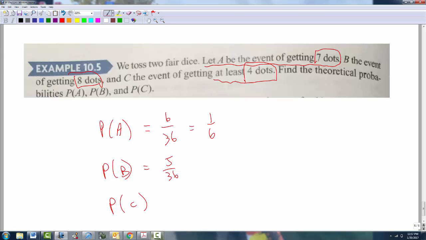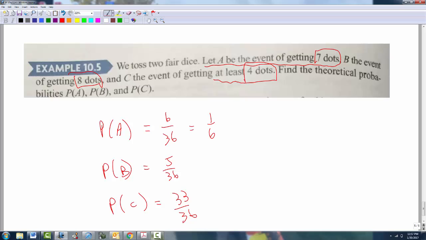What's actually smart to do is how many times do you not get that happen? And then it's the opposite of that. So how many times do you not get a sum of 4? 3. So that leaves how many for a sum of 4 or more? 33 out of 36. So I'll say that one more time. There's a whole bunch of them for a sum of 4 or more. So I find out the probability of the opposite of that.